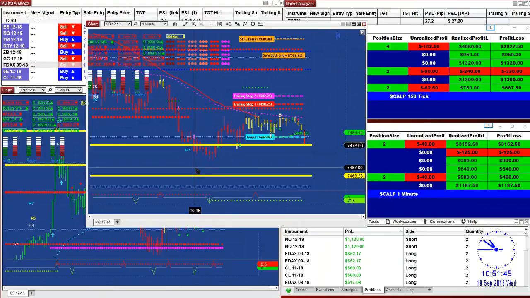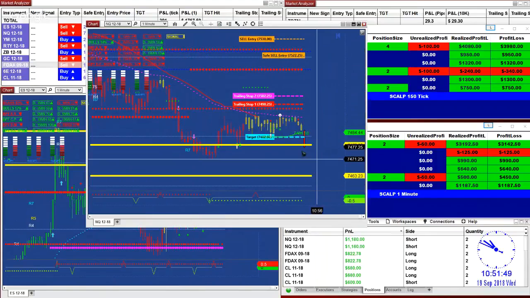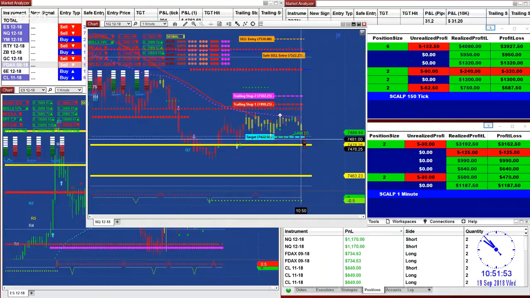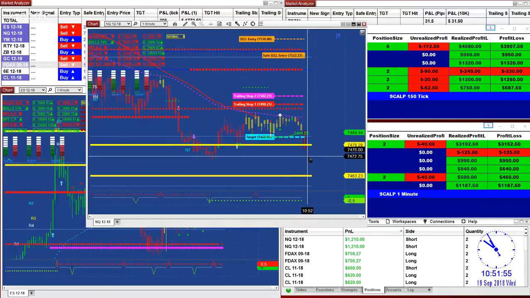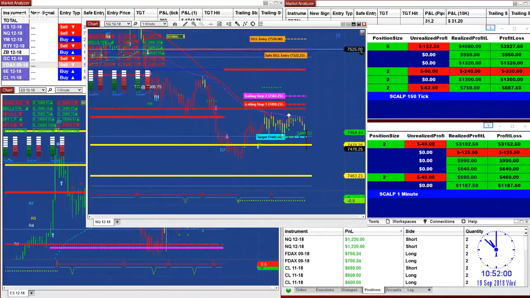Even if you can see there is a lot of sellers, which is going to push the Nasdaq a bit down, those are not tradable areas to take a few ticks here and there. Those are not safe entries anymore.